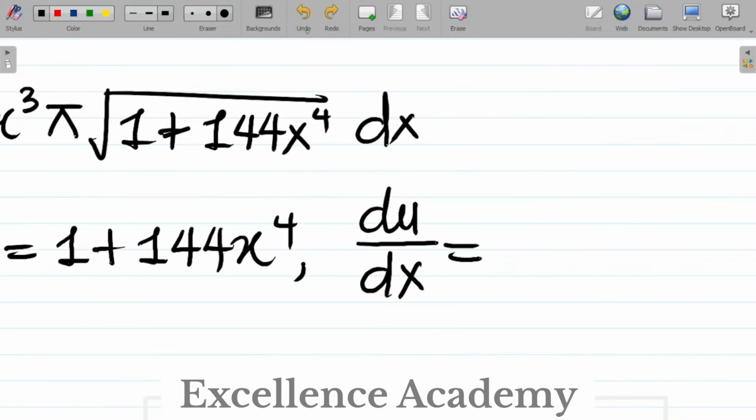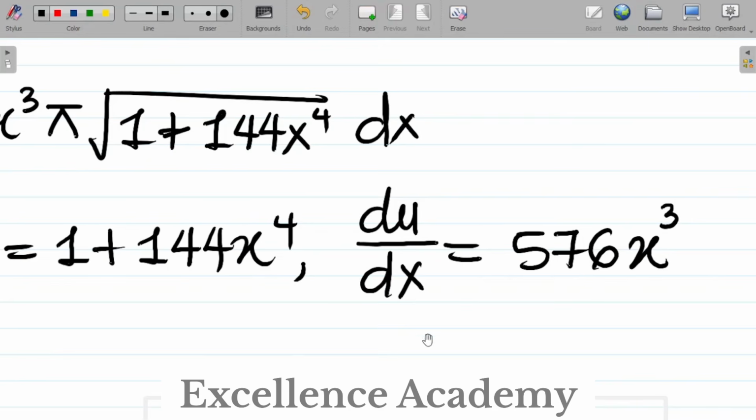Differentiate 144x to the power 4. Now to do that, all I have to do is multiply 144 by 4, which is 576, x to the power 4 minus 1, which is 3. All right, so I have this 576x to the power 3.